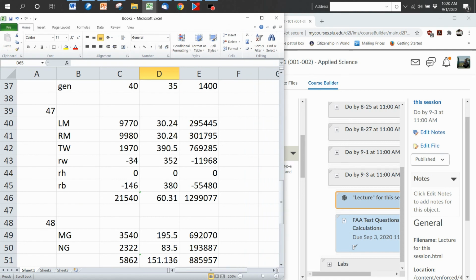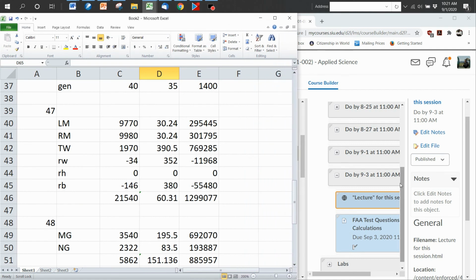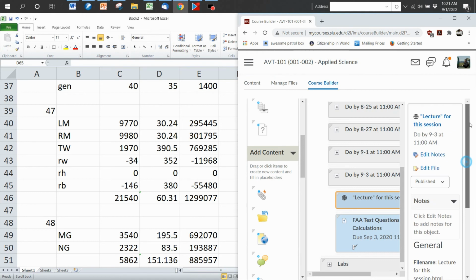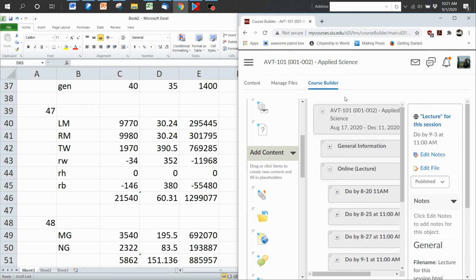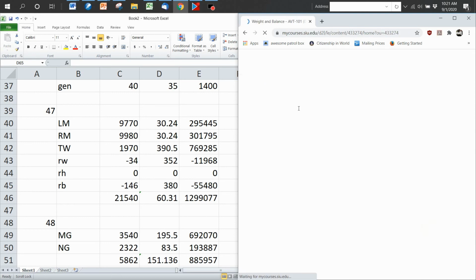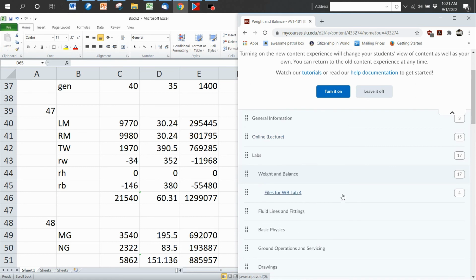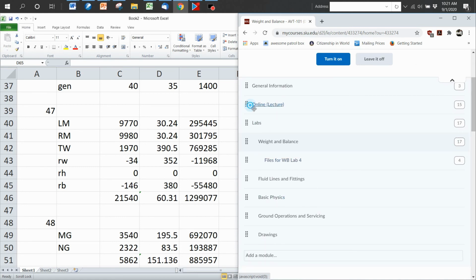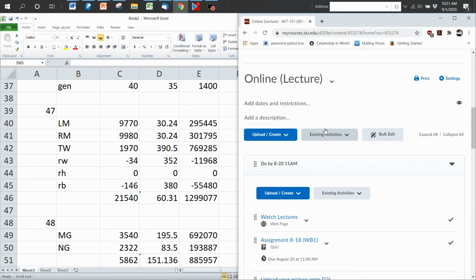Of D2L. And we are going to come over here to the top, if it lets me, and I am going to go to Content. And on Content, I am going to go to Online Lecture. You should be familiar with this.